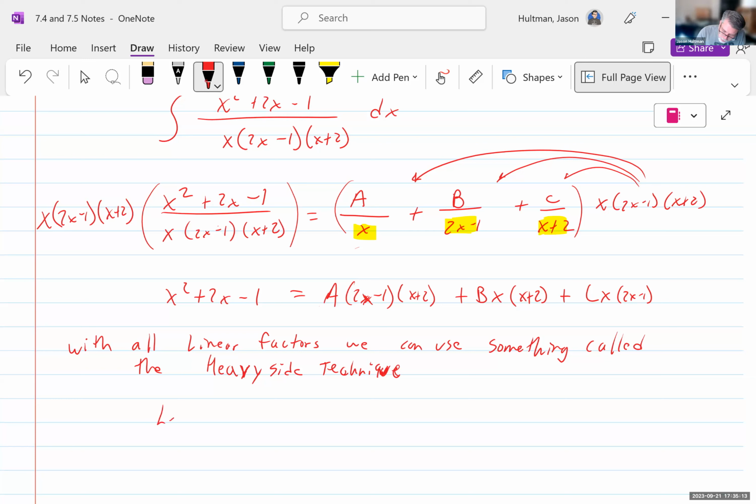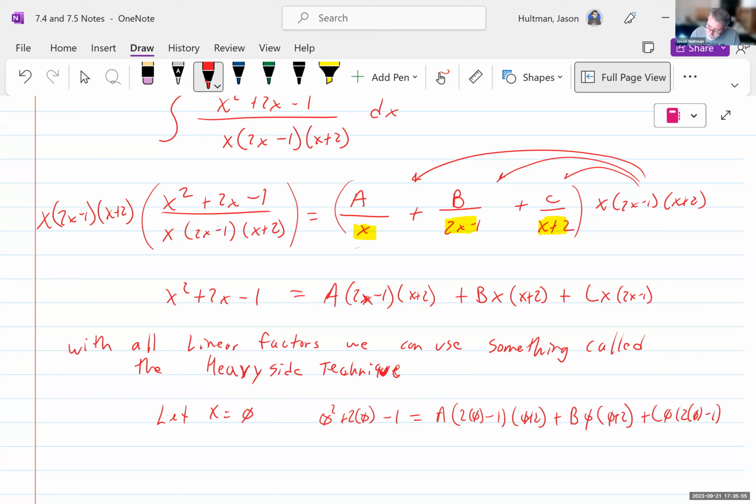If I let x be 0, okay, then what happens? I get 0 squared plus 2 times 0 minus 1 is equal to a times 2 times 0 minus 1 times 0 plus 2 plus b times 0 times 0 plus 2 plus c times 0 times 2 times 0 minus 1.